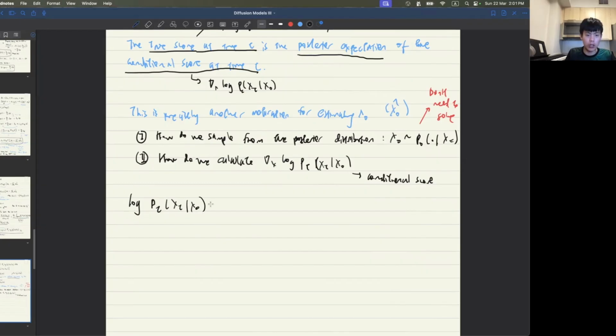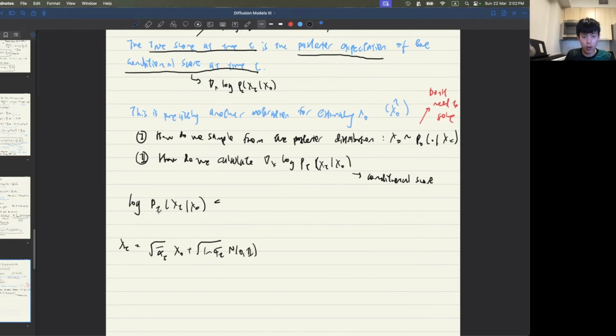So the log of the conditional probability, well, this is going to be very straightforward because we understand the forward diffusion process really well, right? Each of these xt is just some multiplier multiplied by the previous state plus some noise. And therefore, you remember from the n-step forward diffusion process equation, that xt is equal to square root alpha t bar x0 plus square root 1 minus alpha t bar some random noise.